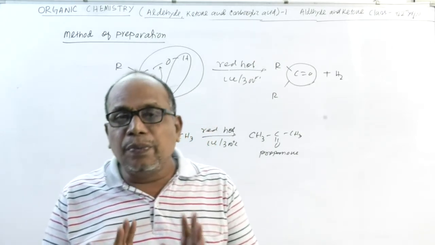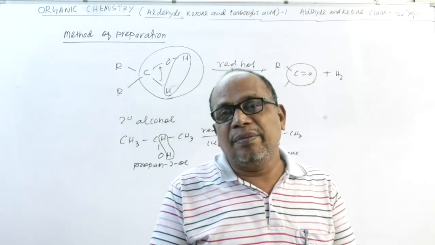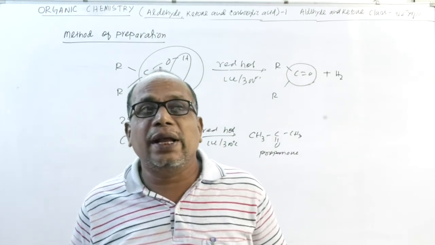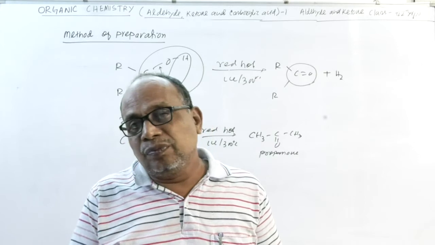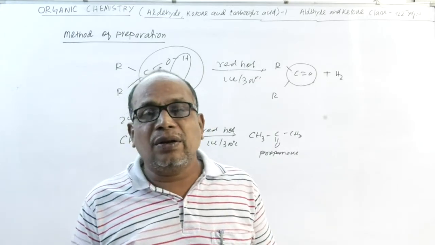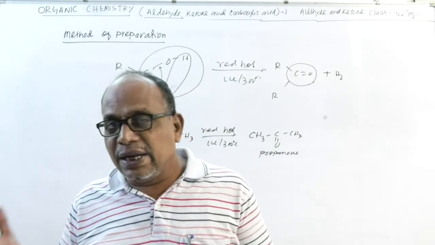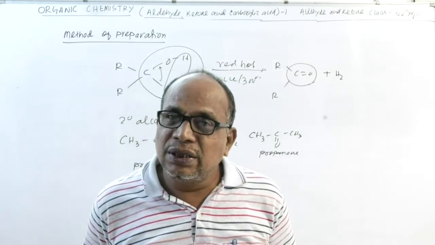The carbonyl group is polar because the carbon atom is bonded with the more electronegative oxygen atom, so the carbon atom possesses a partial positive charge and the oxygen atom a partial negative charge.